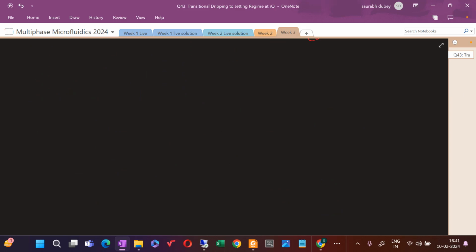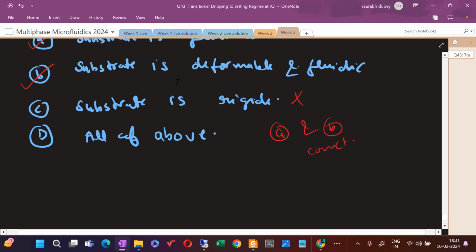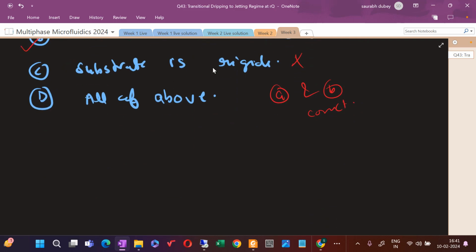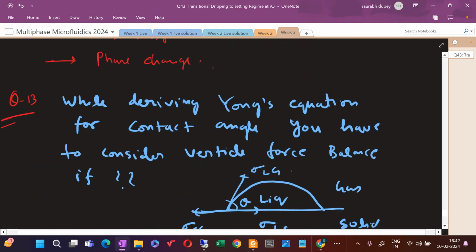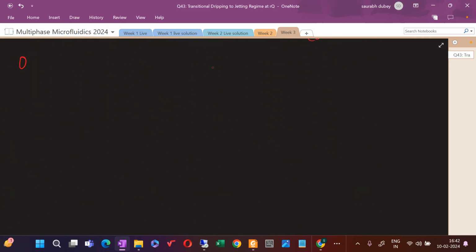And when you actually think, there are a few questions that could also be asked, like question number 12, 13. Question number 14 is, what is correct about squeezing regime?